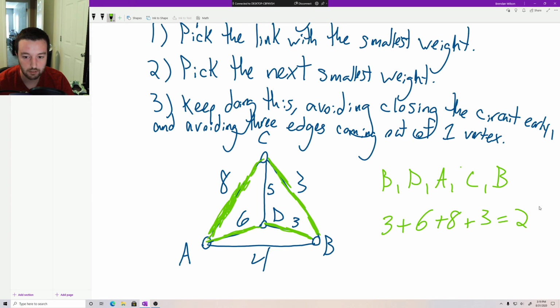Plus 3 is 21. So it's definitely not the best circuit that we found. Actually, that doesn't make any sense. What do we do wrong here? Oh, 17 plus 3 is 20, not 21. Okay, so it's not the most optimal path.